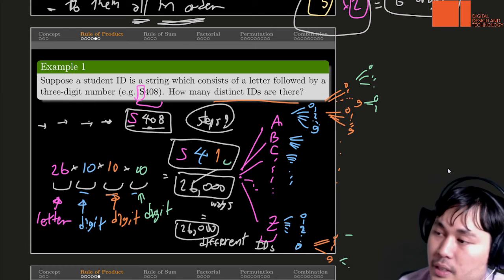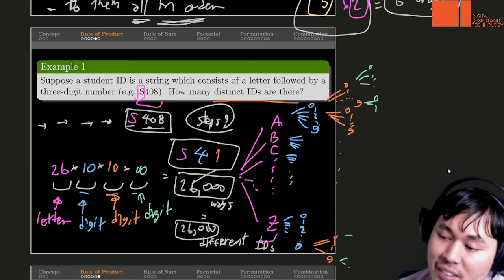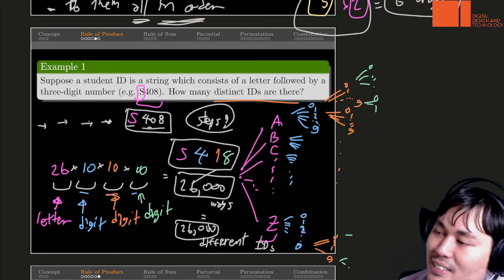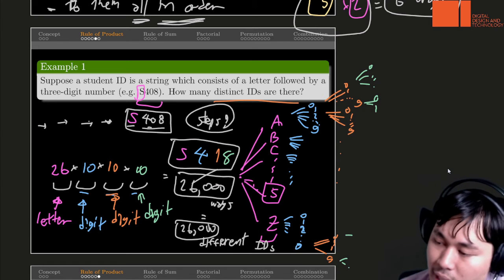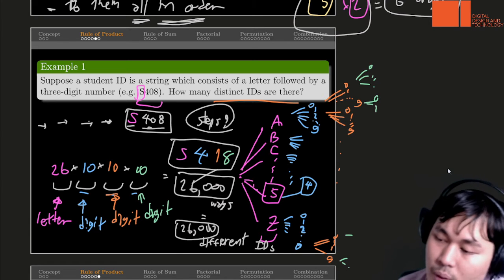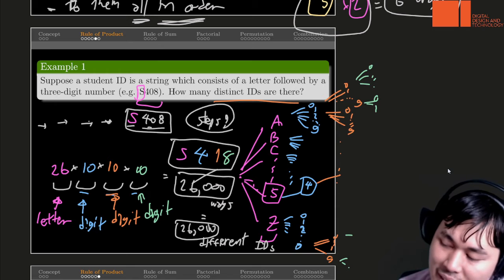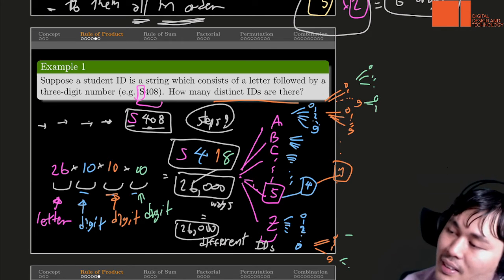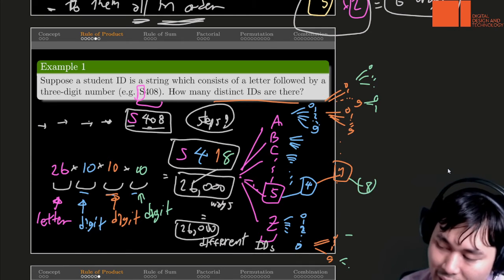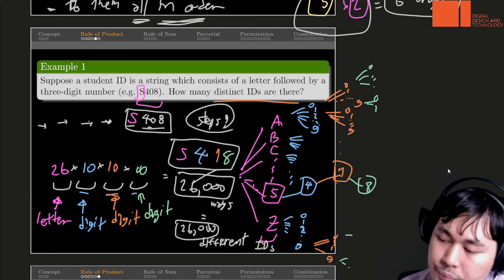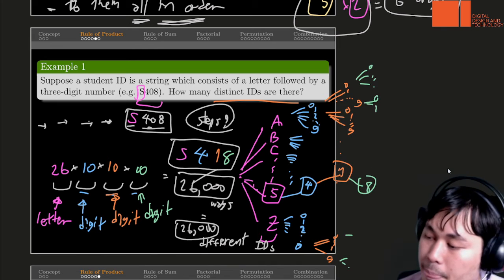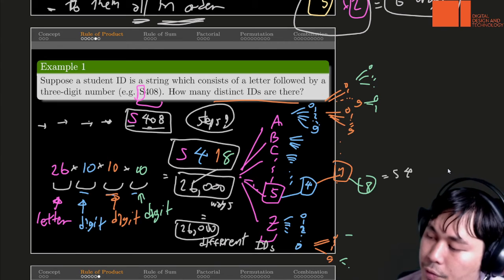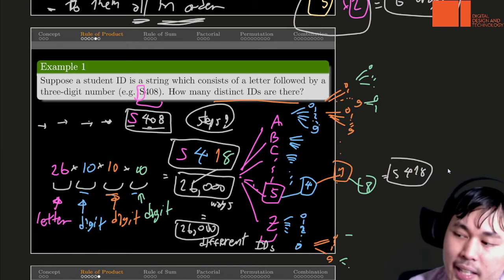Oh, and just for the illustration, if you are looking for the ID S418, that means you have to go to the branch where there's a letter S, and then you go to the branch where there's a letter 4, and there's some branch among that has a letter 1, and a branch that has the number 8. If you follow this single branch, you would get to the leaf with that ID, S418.